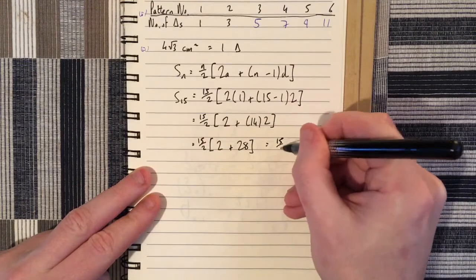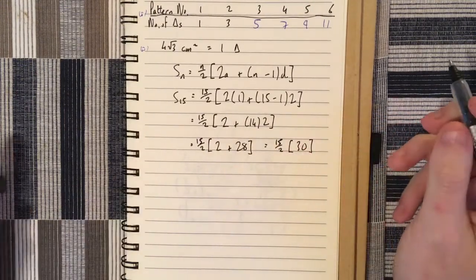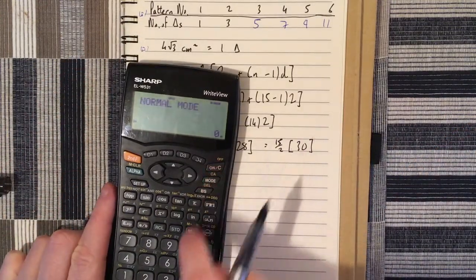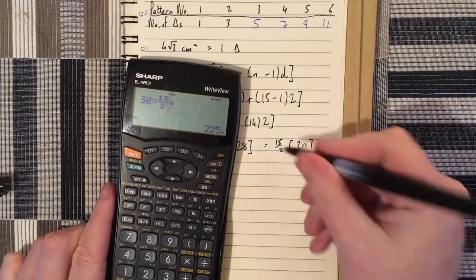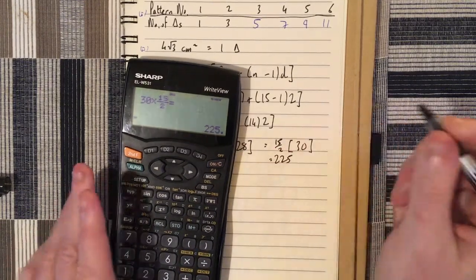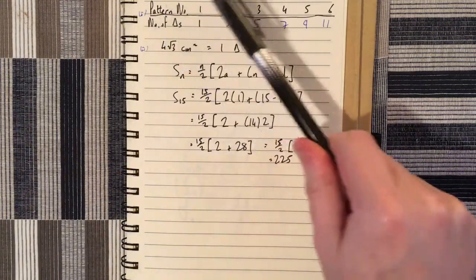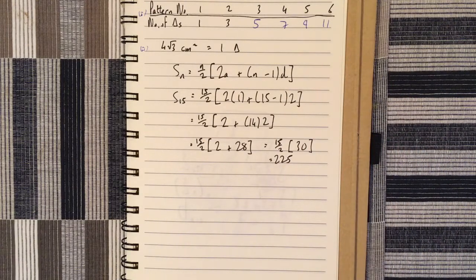So I've got 15 over 2 times 30. And if you do 30 multiplied by 15 over 2, that is 225. So this means that in the first 15 stages of this pattern, there are 225 triangles.